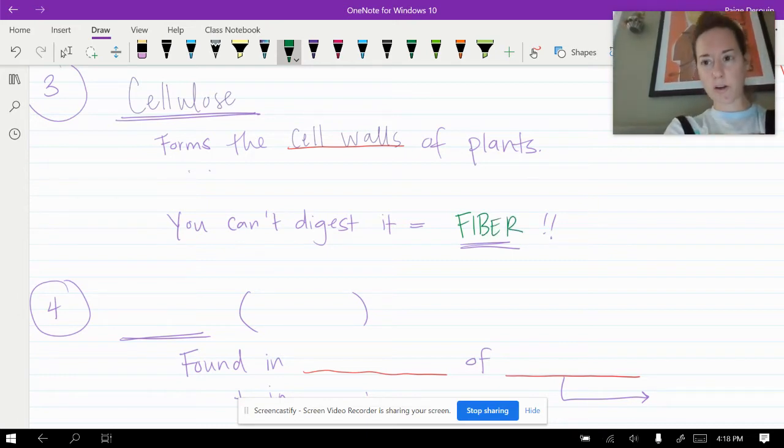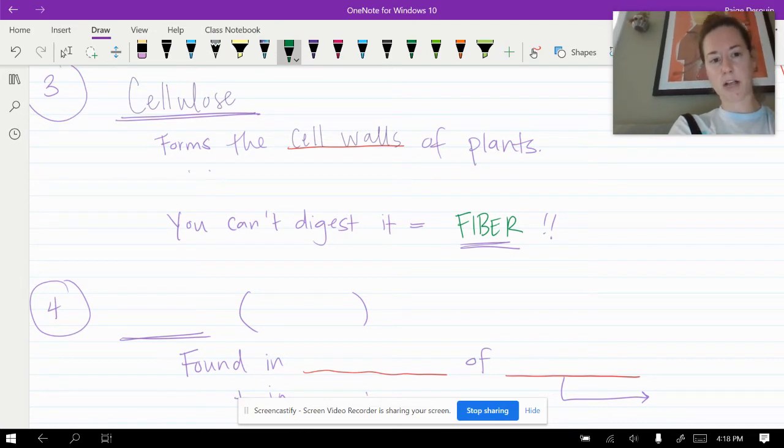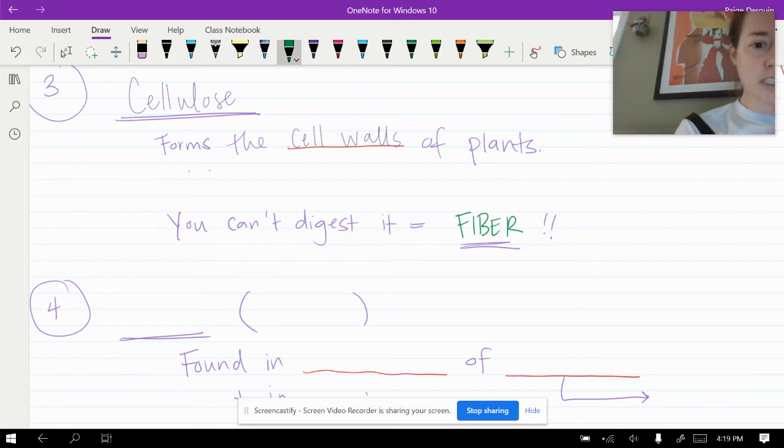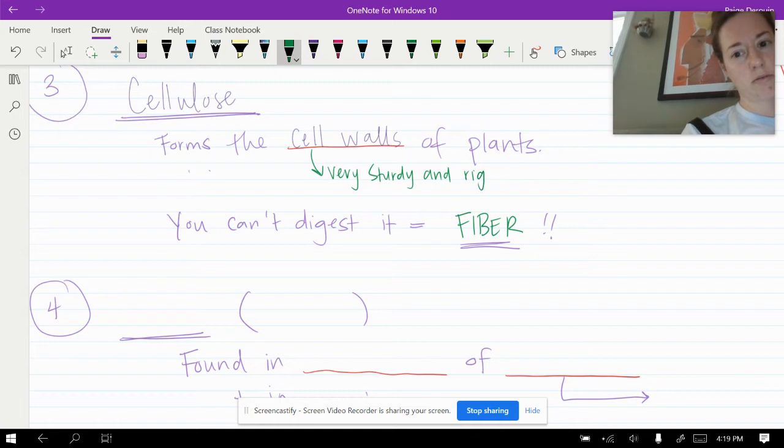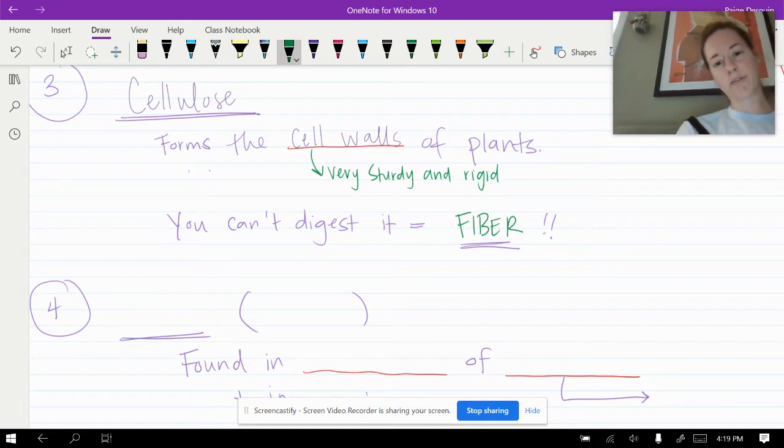Plant starch, you are able to break down, but cellulose is a polysaccharide in plants that you actually can't break down. Because it makes up the cell walls, it's very sturdy and rigid. So really strong. It forms in like long chains of glucose.